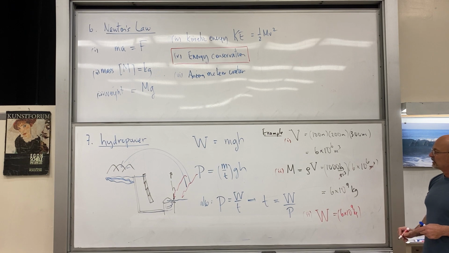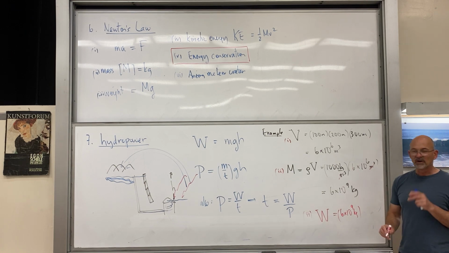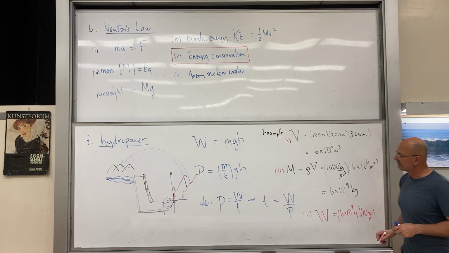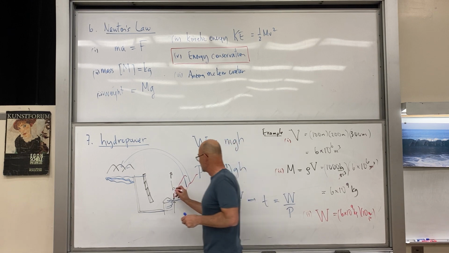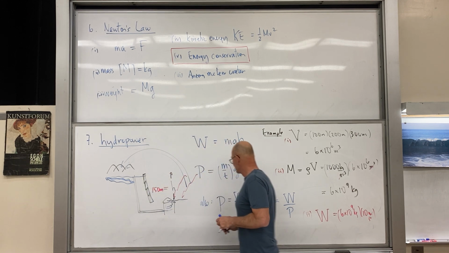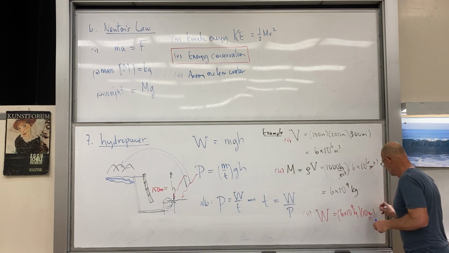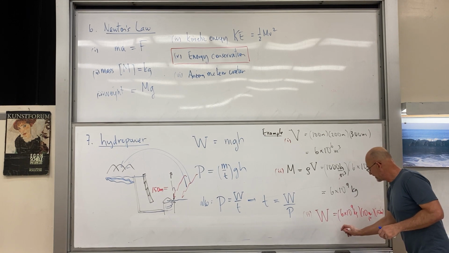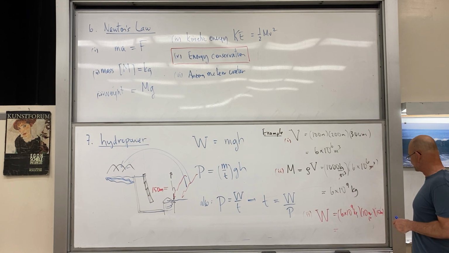I'm almost tempted to use 10 for G. I will here. 10 meters per second squared, and we have to decide on an H. So H is just 150 meters. Okay. Times 150 meters. So then we have to multiply that out.